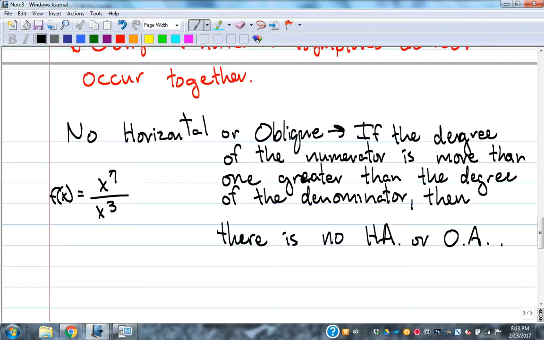Okay. All right. So we're going to take a few problems, 1, 2, 3, 4, 5, 6. Six of them. And we're going to step through finding all of these things, and then we're going to look at the graph of each of them after we've done those things, so we can see what our graph looks like.